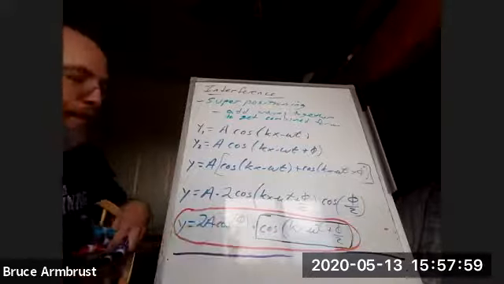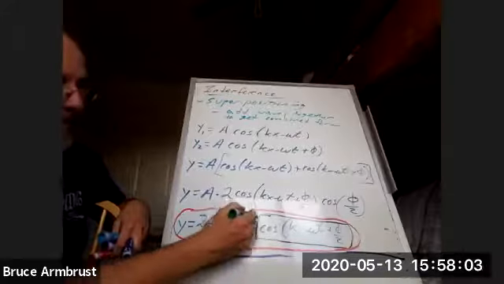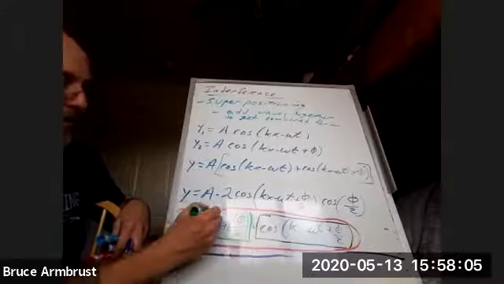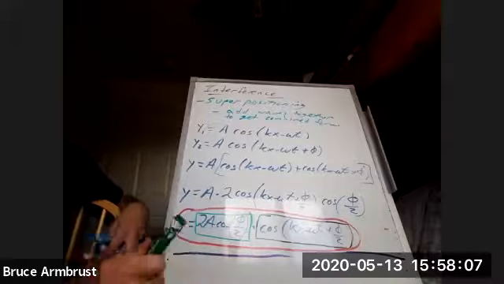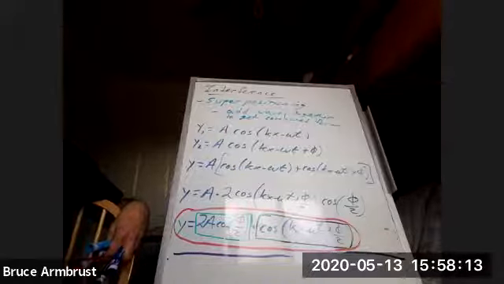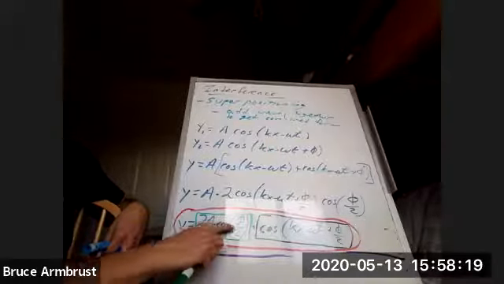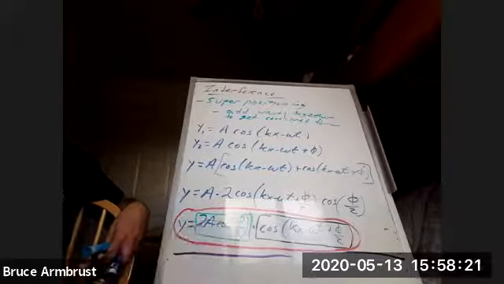The other bit I want to draw your attention to is this, in green. And I know you're looking at that and going, oh, that's another wave. It's actually not. We do have cosine, but this phi over 2 is just a number.